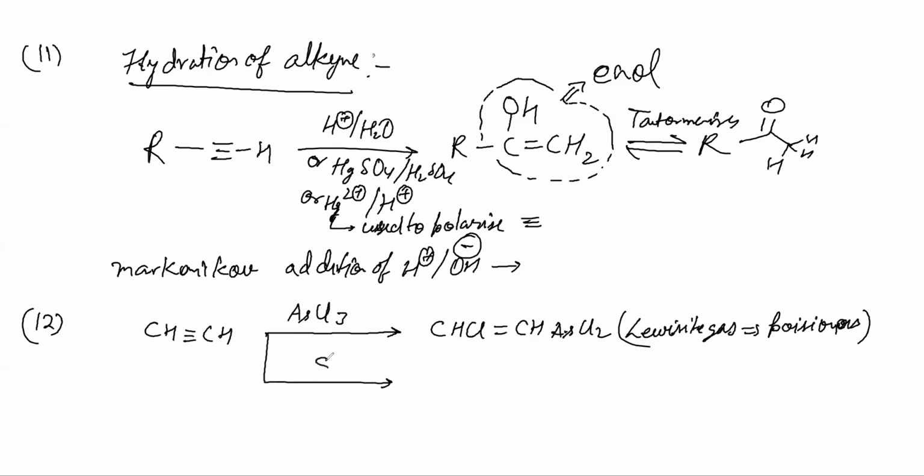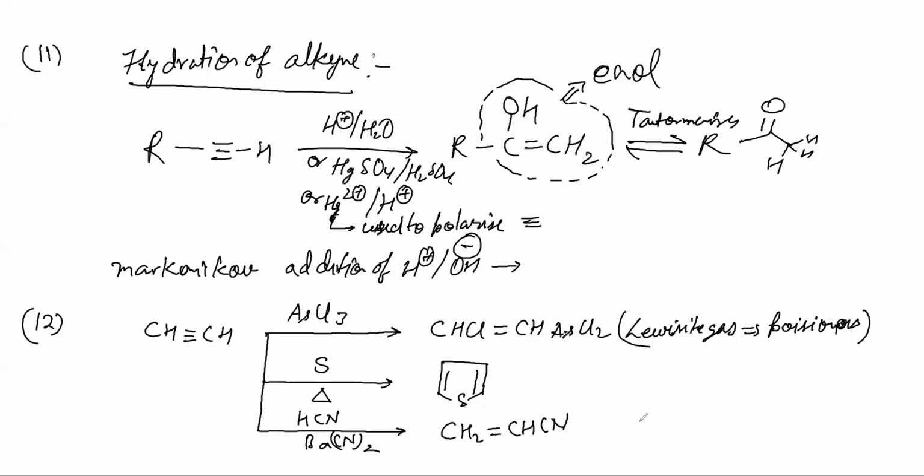Or if you treat it with sulfur, you get this. Got it? Very well. If you treat it with HCN in presence of Ba(CN)2, you get this: CH2=CHCN.